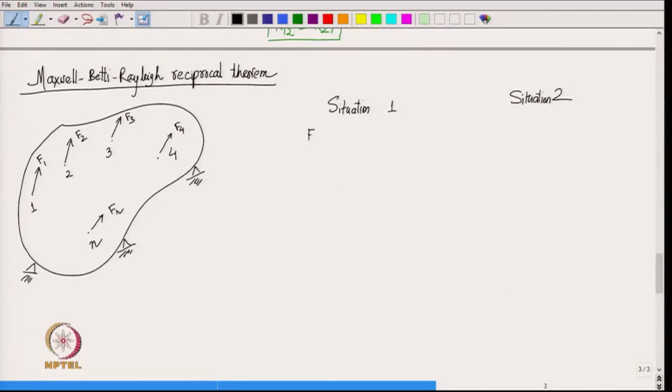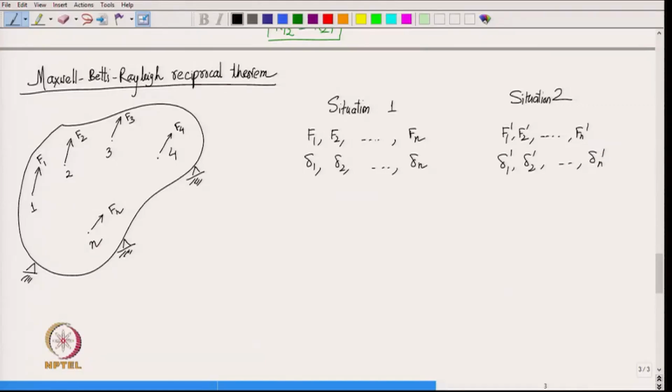So, here we have F1, F2 up to Fn and then delta 1, delta 2 up to delta n, and in situation 2 we have F1 prime, F2 prime up to Fn prime and delta 1 prime, delta 2 prime up to delta n prime. So, they are the corresponding displacements. Okay.